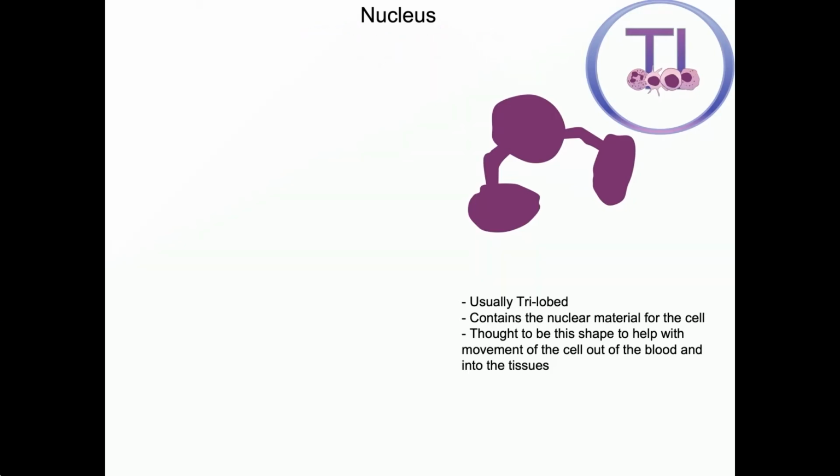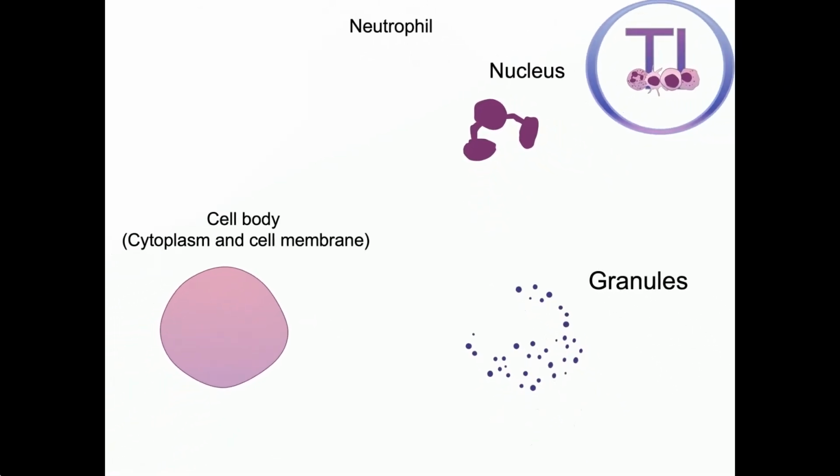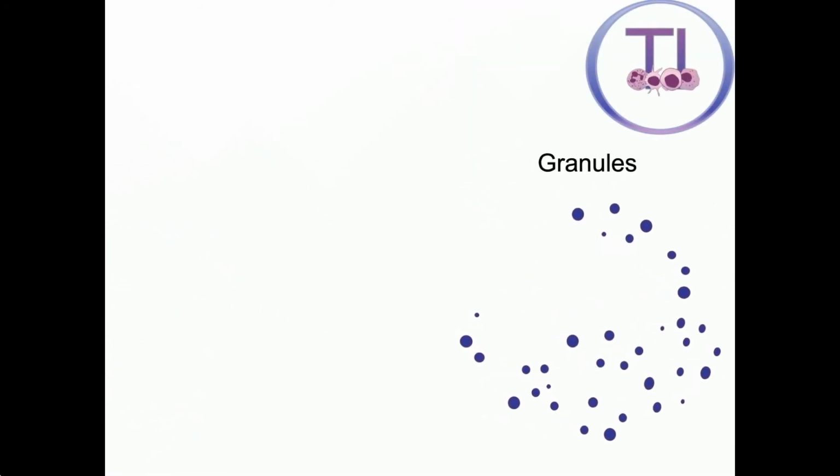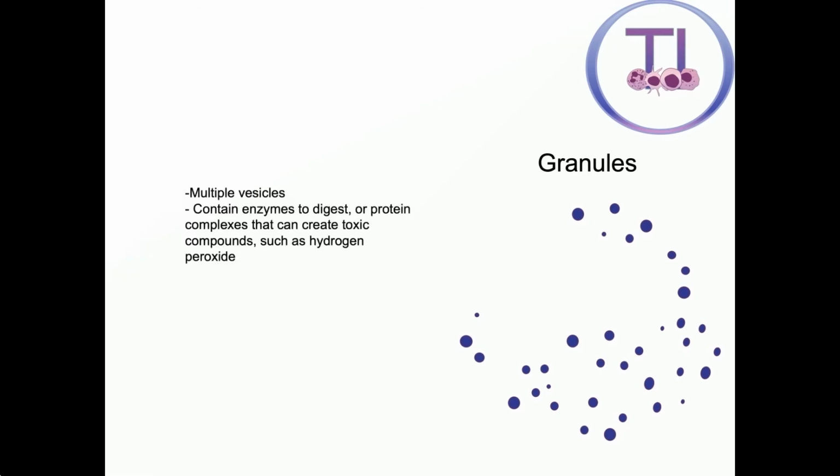So if we move on to the granules then, the granules are these little blebs. You can see they're all the different sizes and shapes. And the reality is that there are lots and lots of vesicles in a neutrophil. And it's one of the characteristics of it that we're used to seeing is it has lots of these in. What's inside them? They contain enzymes or particular protein complexes that allow us to do particular chemical reactions.